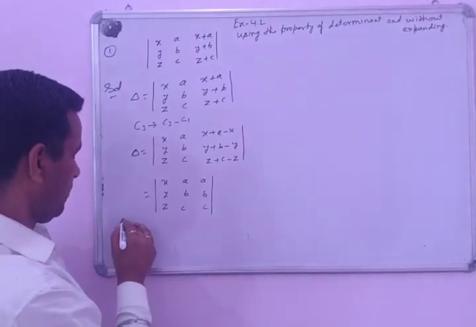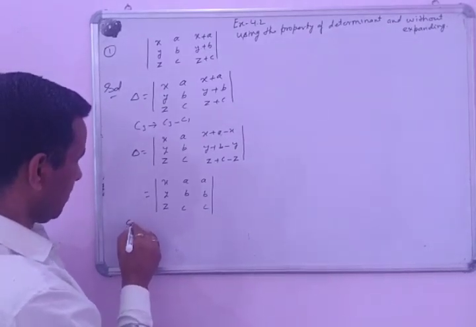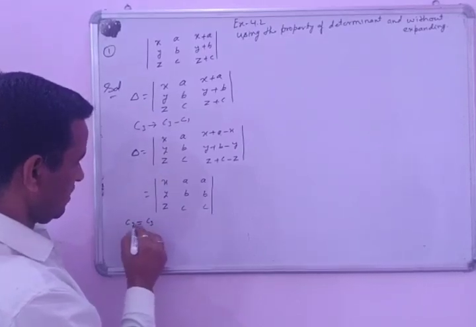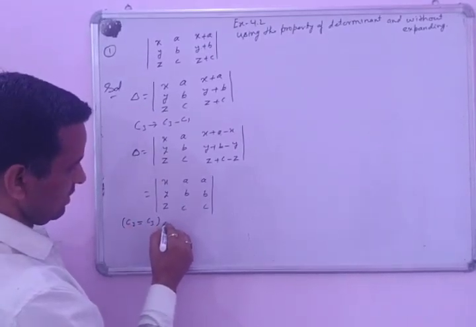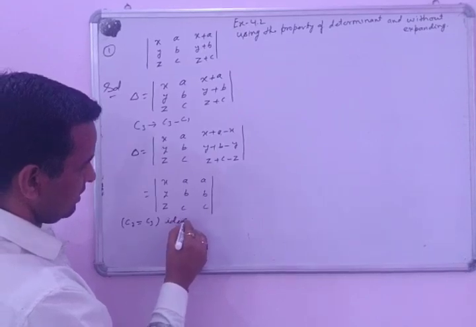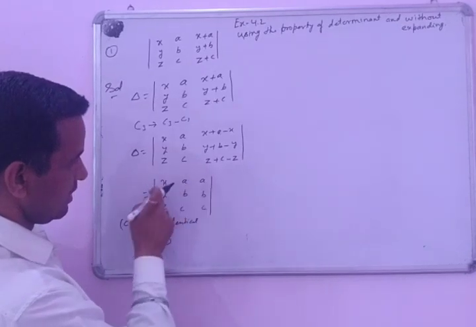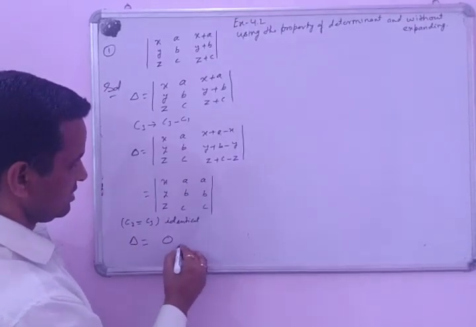So now we have C2 equals C3. Both are identical. So the result of this determinant is 0. This is proved.